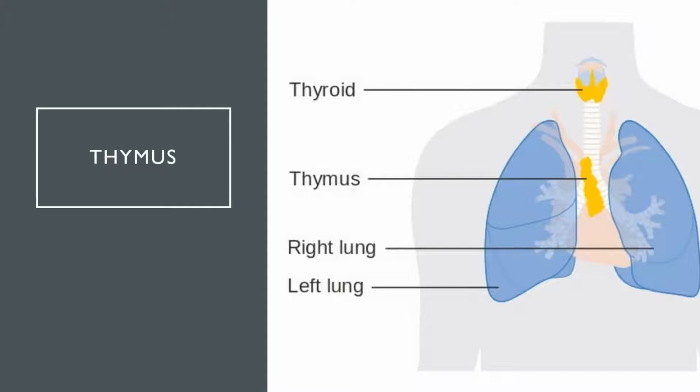From the time of our birth to age 35, 45 years old, each year we have a regression of the thymus of about 3%. And after 45 years old, each year we lose 1% of our thymus. So this process of regression happens throughout our life.